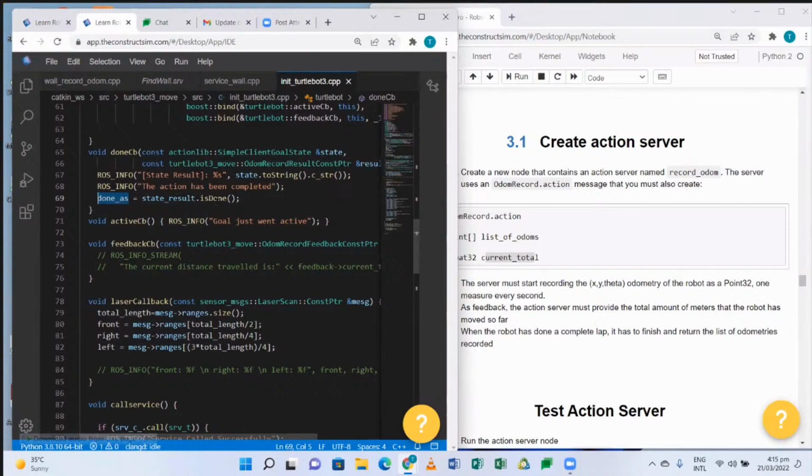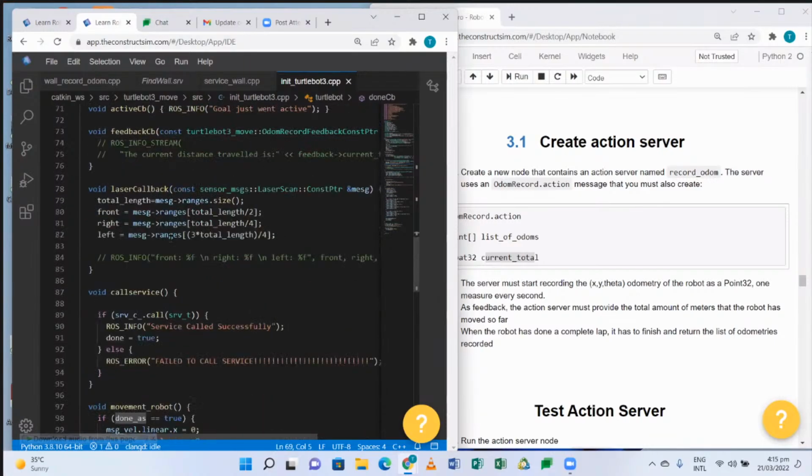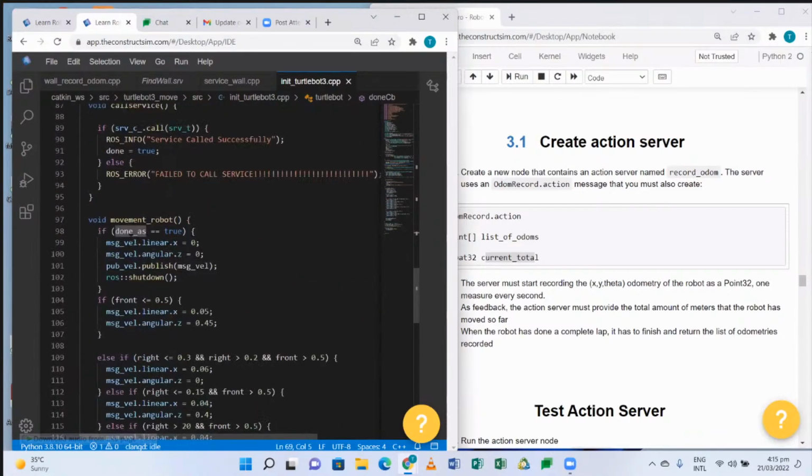If the state_result is done, then it would become true. And now if done_action_server is equal to true, then it would stop the report, and this ROS node would shut down. Oh, I see. Nice. So it's very clean and it finishes and the node ends. Yes. Nice.